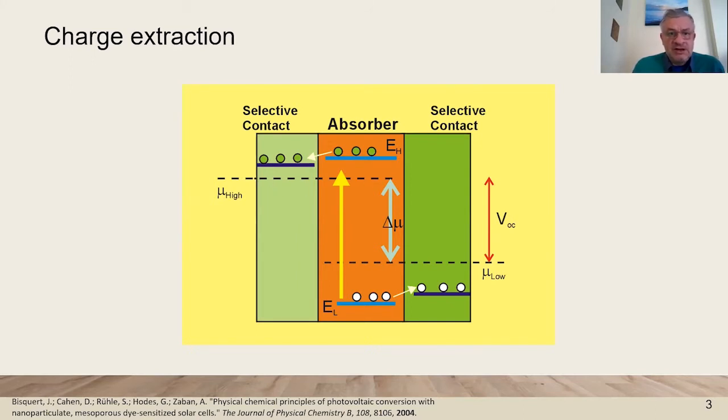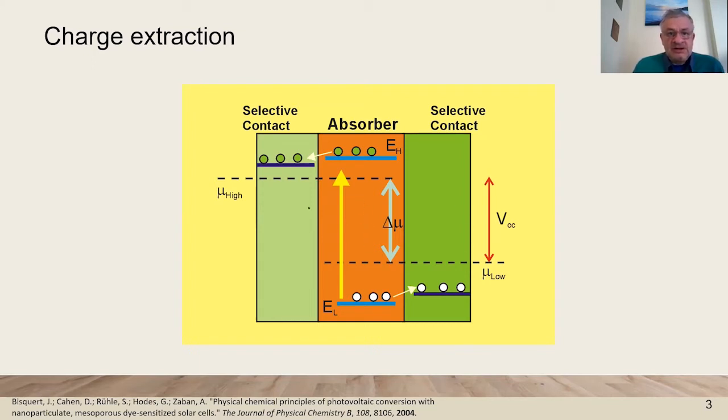So that here we will get a high Fermi level of electrons, and to the right we will get a Fermi level of the holes in equilibrium with the internal Fermi level, so that each contact is at equilibrium with the respective internal Fermi level, but the two are well separated because there is an internal chemical potential.